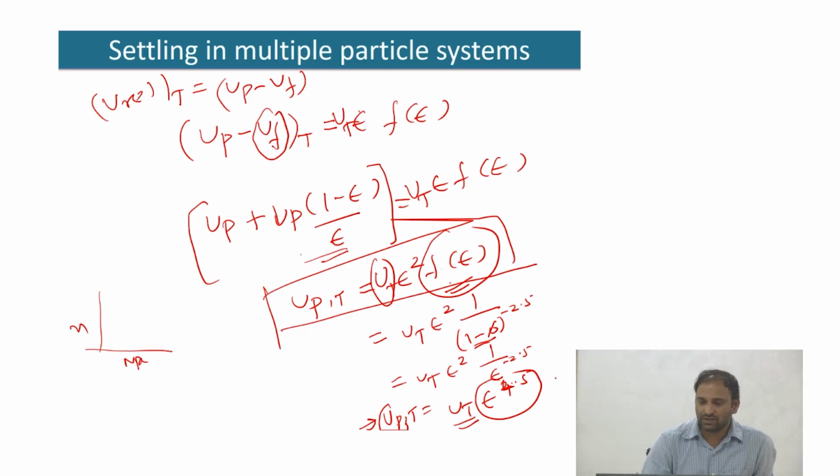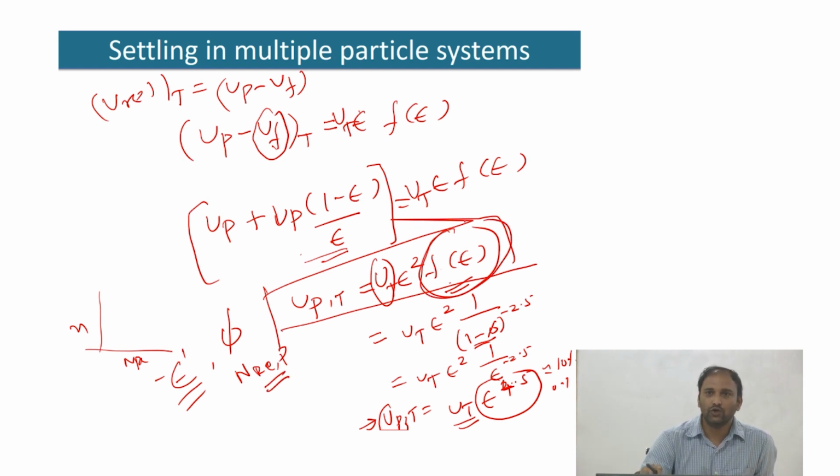Typically this is used where the concentration of your particles is up to about 10%, or 0.1, but of course depending upon the epsilon or the phi that you're looking at, and depending upon the Reynolds number of the particle that you're working with, you will have a different functional form for f of epsilon.